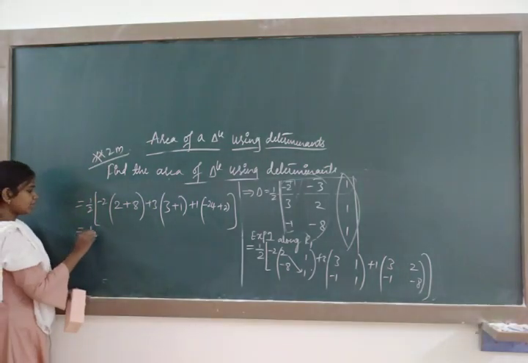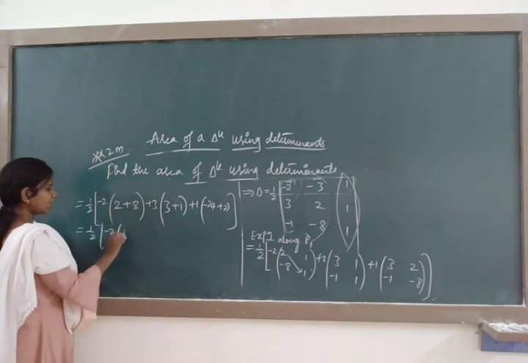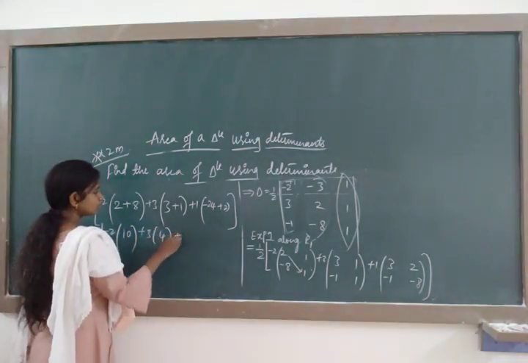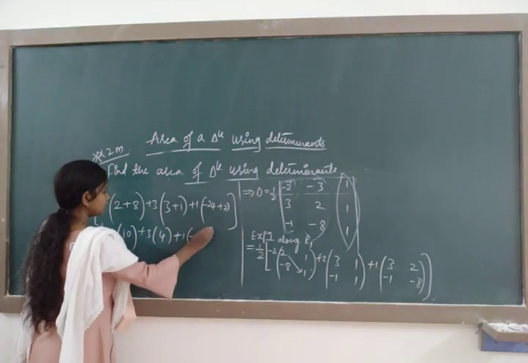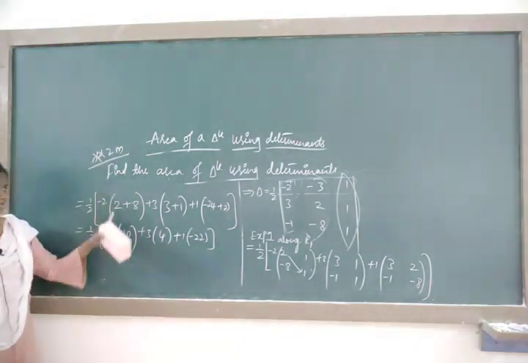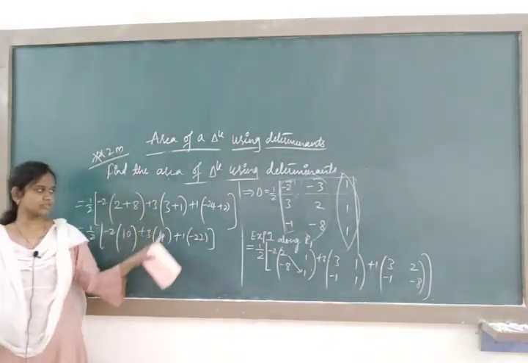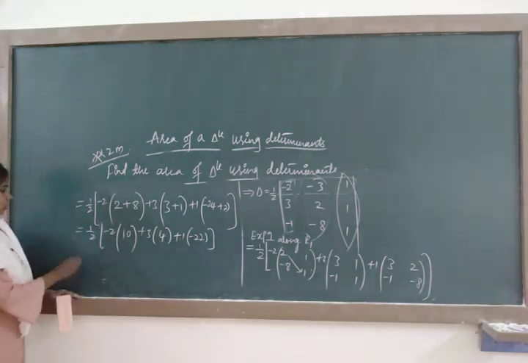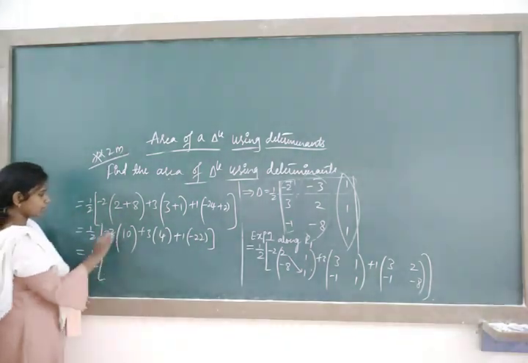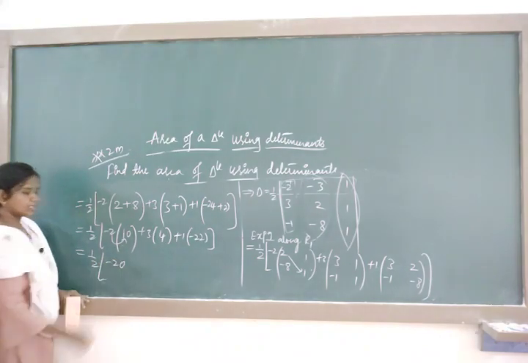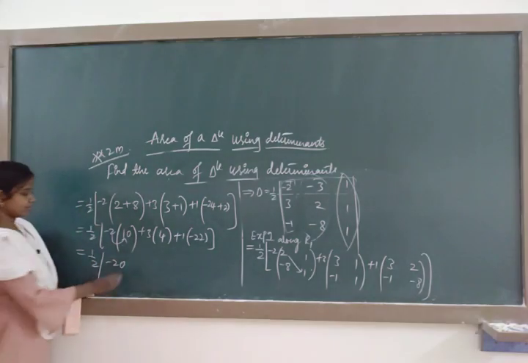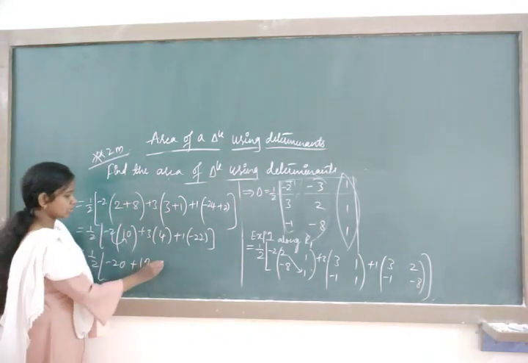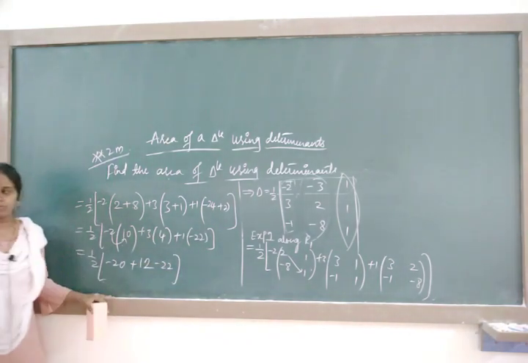So it's 1 by 2 of minus 2 of 8 plus 2, 10, plus 3 of 4, plus 1 of minus 22. Simplification: 8 plus 2 is 10. 3 plus 1 is 4. Minus 24 plus 2 is minus 22. Now 1 by 2 of, multiply: minus, 10 2s are 20, 4 3s are 12, plus into minus is minus, it's 22.